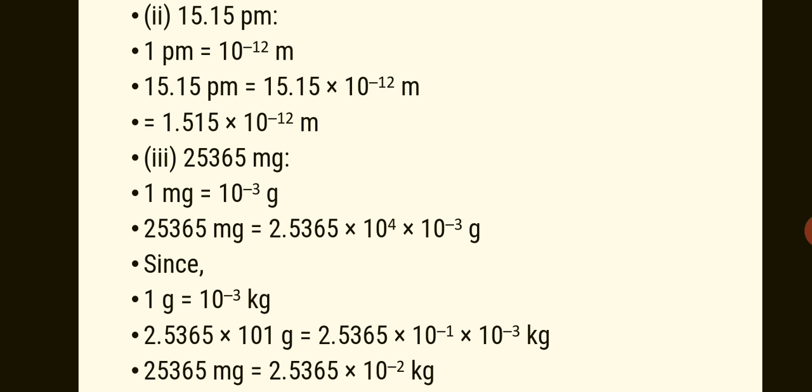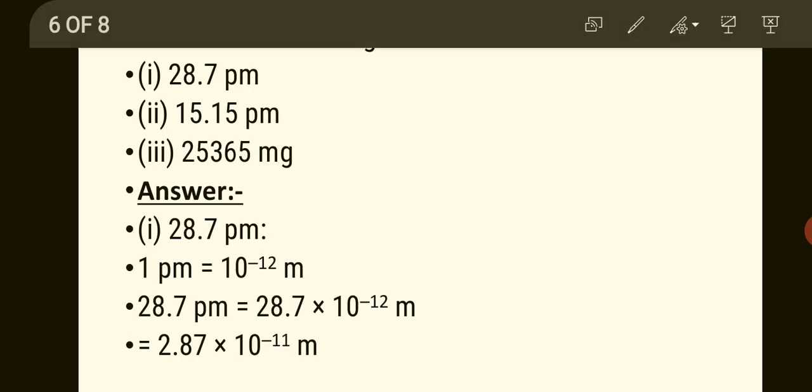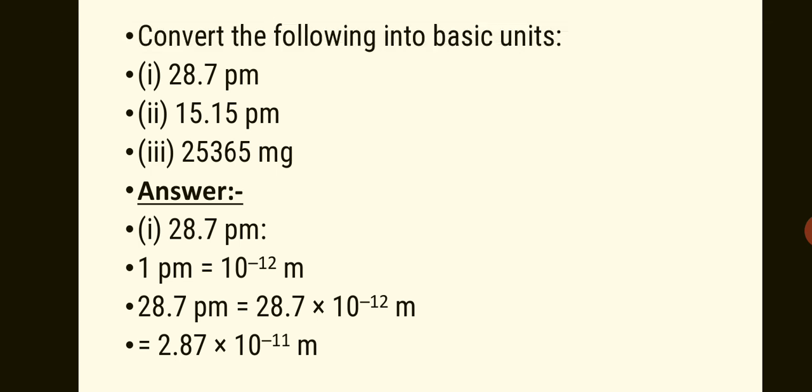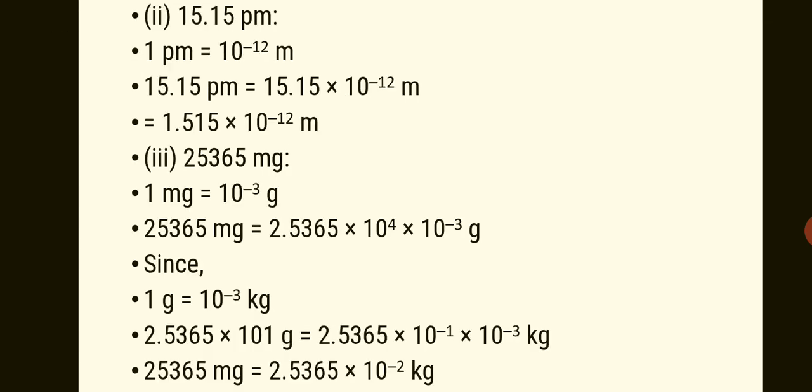So this is scientific notation. Now see that 10 raised to power 4 and 10 raised to power minus 3 have the same base, so the powers will be added. So 4 minus 3, you will get 1.